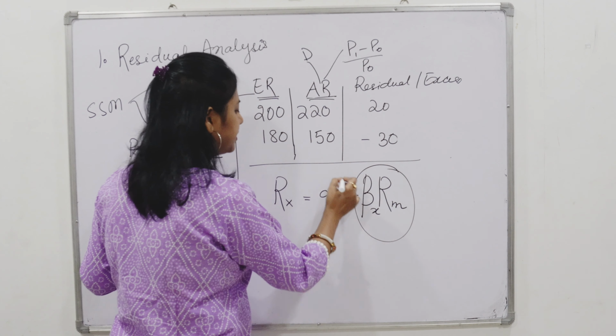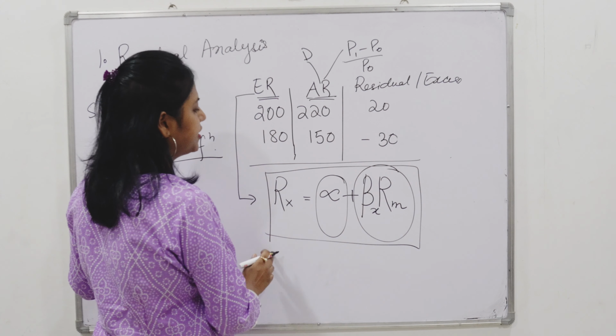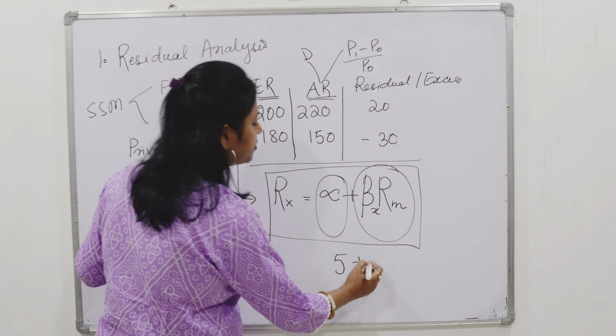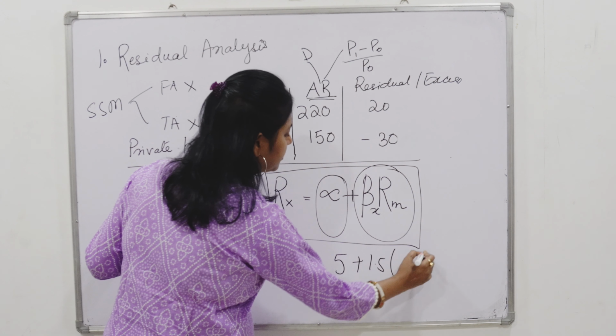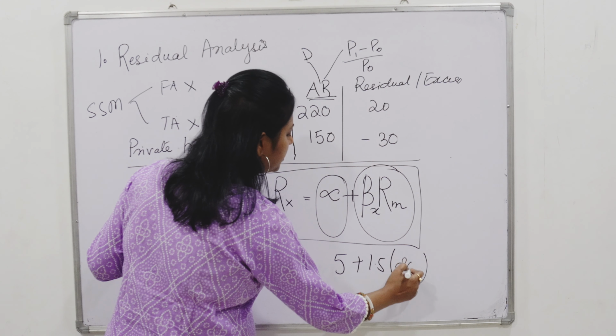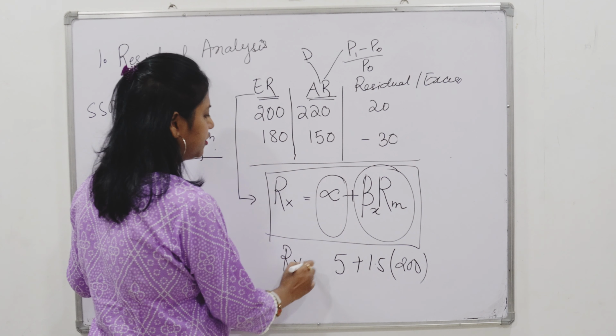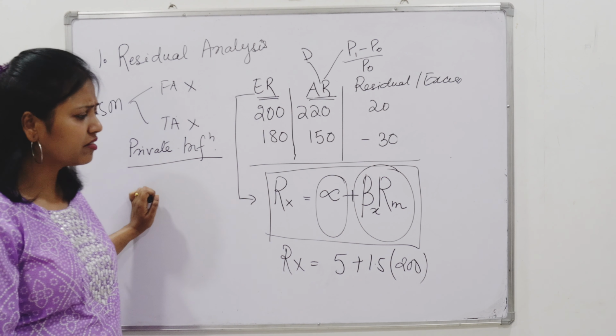So this expected return is coming here. So when I have this equation known to me, I can find out, if alpha is 5 rupees plus the security's beta is say 1.5 and the market return is 200 rupees, I can equate and find out what is the expected return of the security, right?